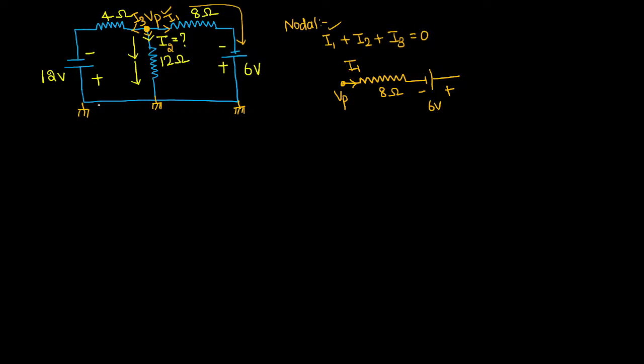Ground means, I'm just considering this is the common point, right? Okay, sir. Ground means 0 voltage only. You can take it as 0 voltage potential difference. So what I'm going to do is, here we have 6 voltage. But here, when I'm trying to find out the current, we have to find out the voltage drop in the resistor of that particular branch.